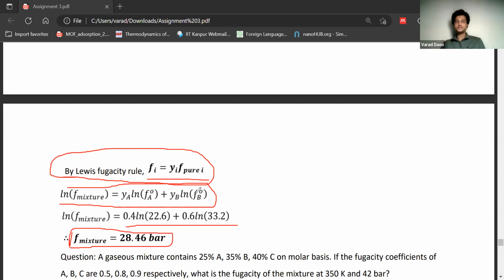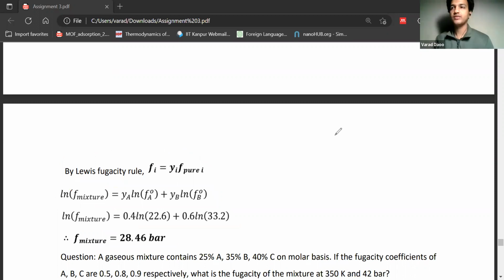Does anybody have any questions? I hope the question is clear. If you have any doubt, you can ask now, because the next question is going to be dependent on this one. For this question we did binary. The next question we are going to give for ternary, so it's better to clear your concept right now. I'll wait for 2 minutes.